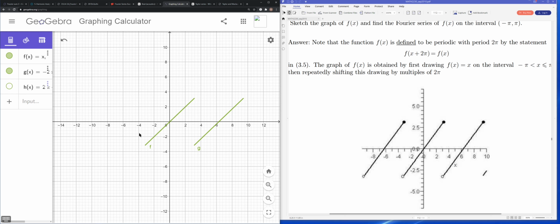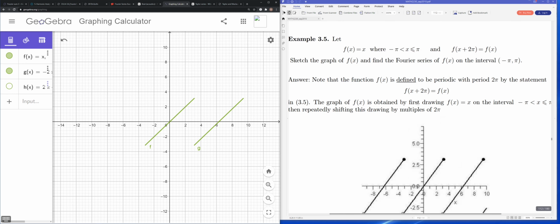So you're going to take this part of your graph that is between minus pi and pi, minus pi is around there and pi is over there, and notice the length from minus pi to pi is 2 pi. You're going to take that and shift it to the left, and you'll get this piece over here.